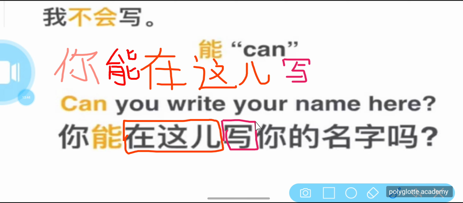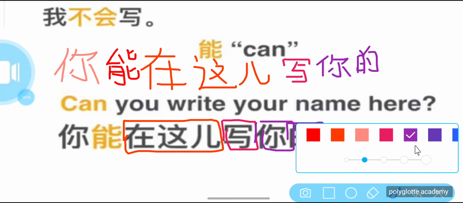You have this character 你, which is the same character here, which is you, and 的, so you can put 你的 all together. 非常好.